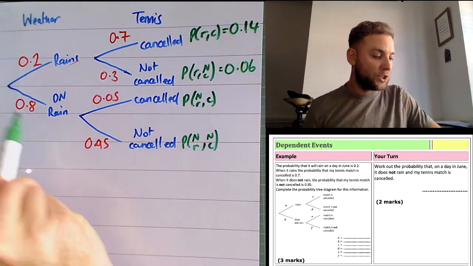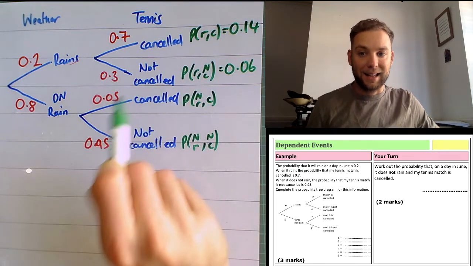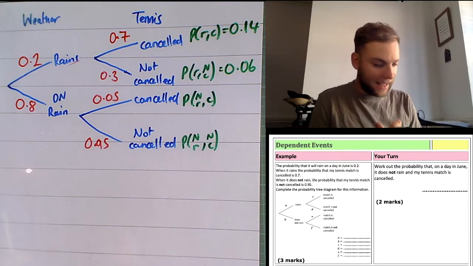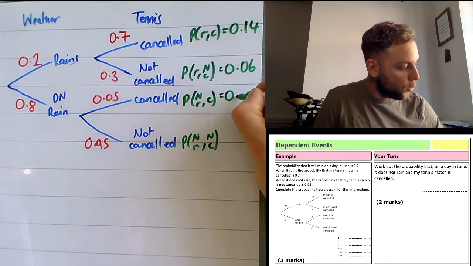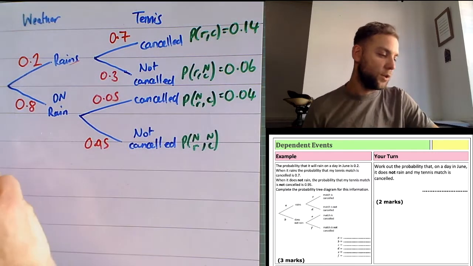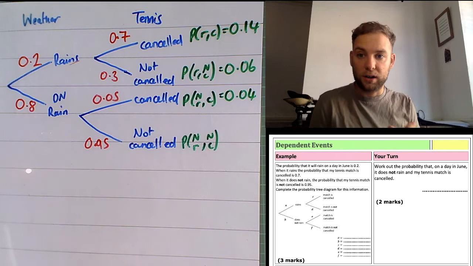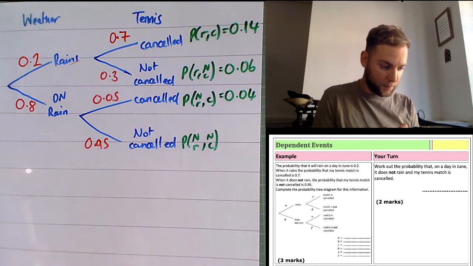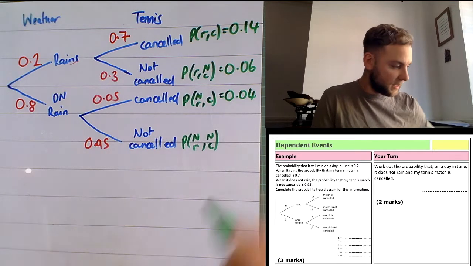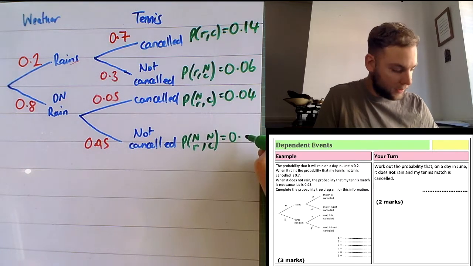The probability that it does not rain and it's cancelled is 0.8 times 0.05, which is equal to 0.04. The probability that it does not rain and is not cancelled is 0.8 times 0.95, which is equal to 0.76.